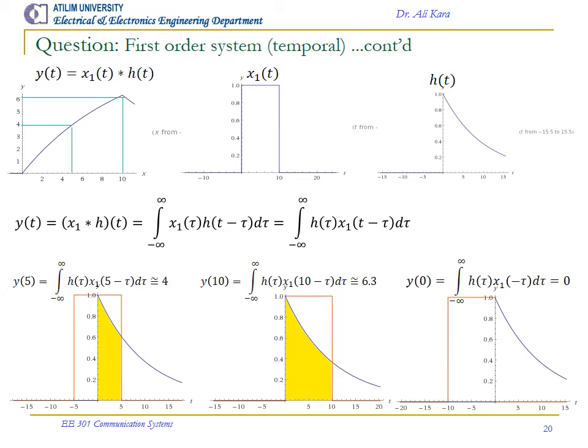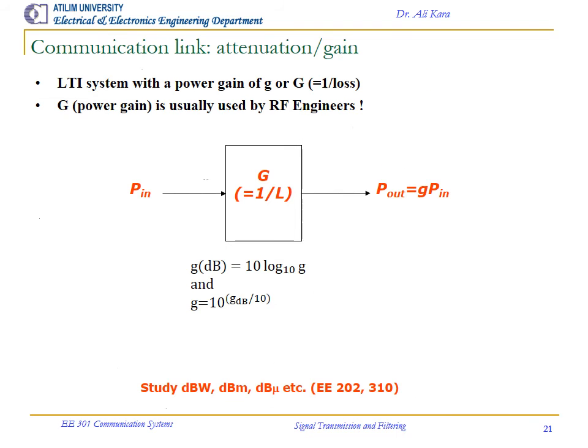The area highlighted is equal to 4 unit square, so y5 is equal to 4. When the shifted version of x1 and h have no overlap, the result is 0.